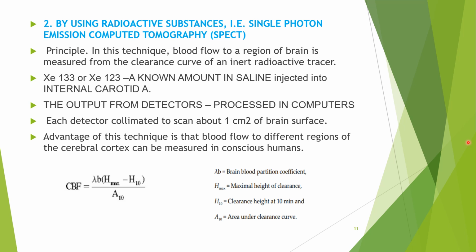In the SPECT method, the blood flow to a region of the brain is measured from the clearance curve of an inert radioactive tracer. So we are giving an inert radioactive tracer and measuring how much time it takes to clear from this area.